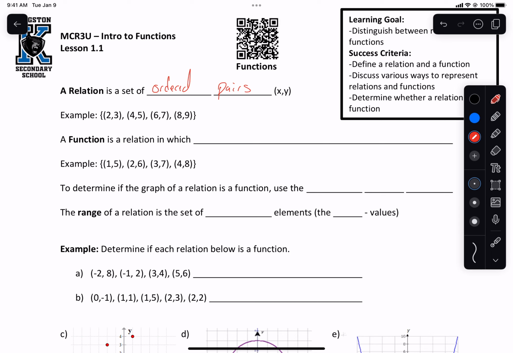Such that the word definition is a little bit more complicated than the actual applicability, like the homework kind of questions that I'll give you today, and like kind of looking at a graph. But it's for every x value, there's one unique y value.